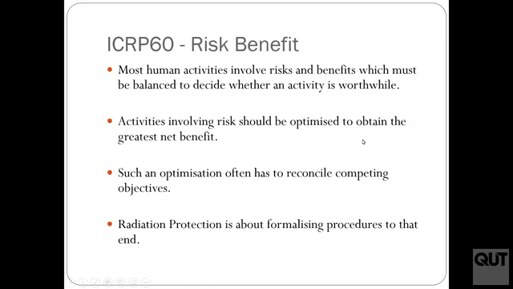So there's always a risk. So it's a balance of risk and benefit. Alright, so activities involving risk need to be optimised to get the greatest net benefit. So you do have to look at what you can do to reduce the risk but still undertake the activity. So radiation protection is all about this sort of stuff.